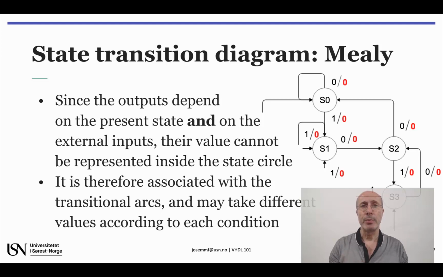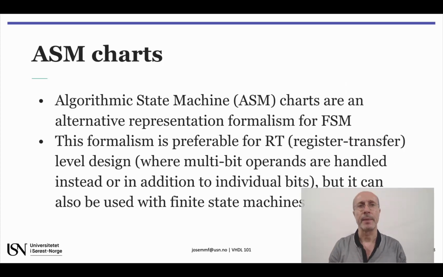Since the outputs are a function of the present state and of the external inputs, they will now be shown alongside the transitional arcs, which represent specific input combinations for each state. The best way to learn is to practice, and you should try to solve some exercises designing finite state machines in order to realize the challenges and to gain experience.